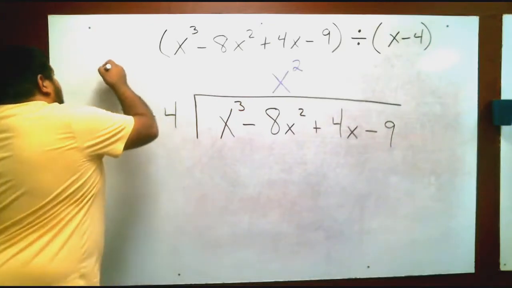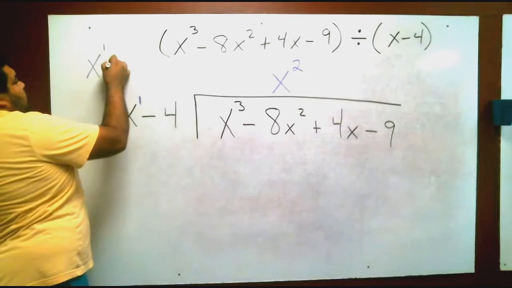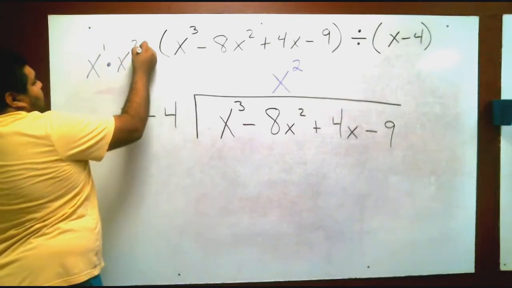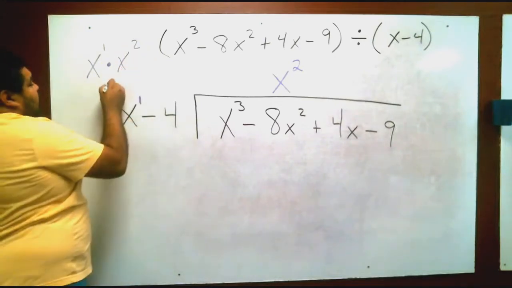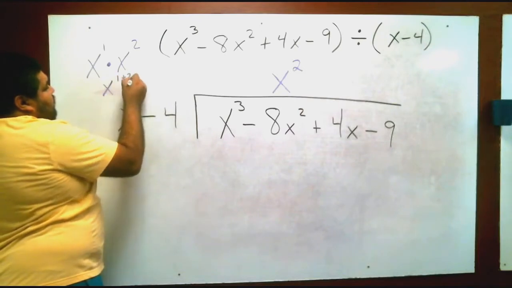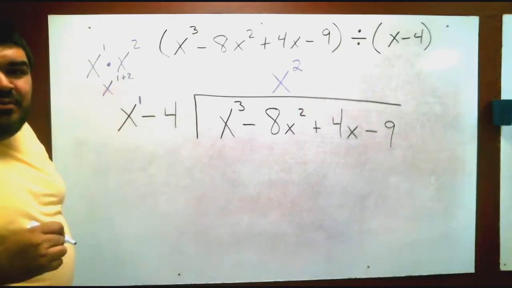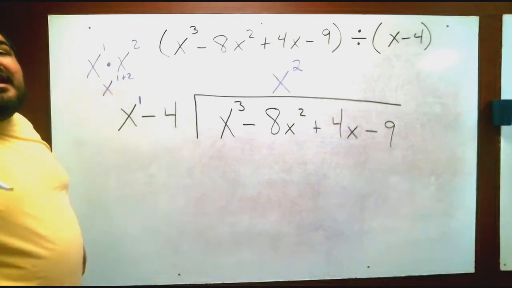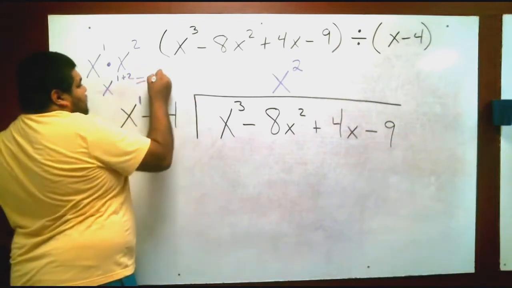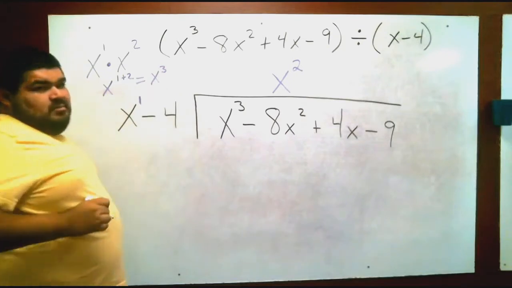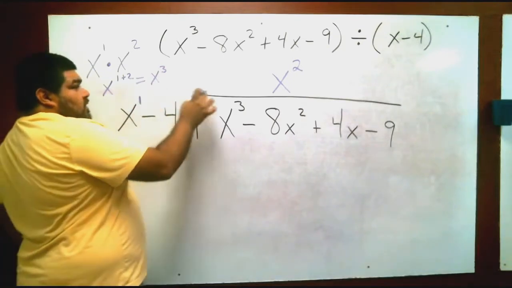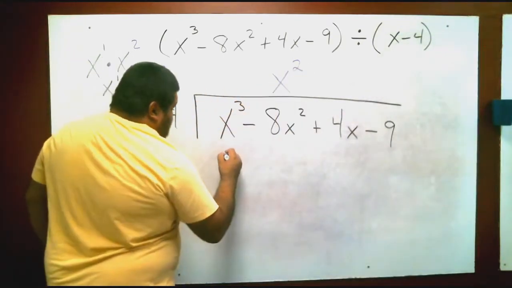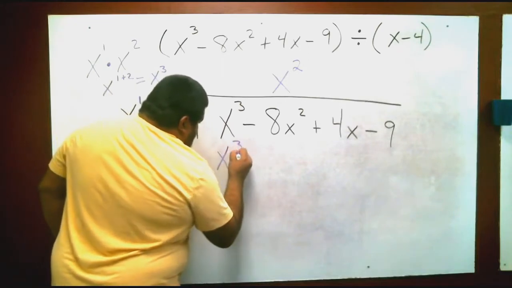Because remember, x^1 times x^2 is like saying x^(1+2), which is x to the third. So again, x^1 times x^2 is x to the third.